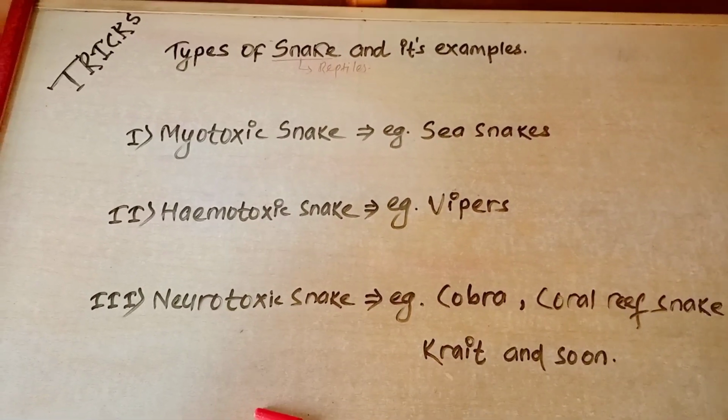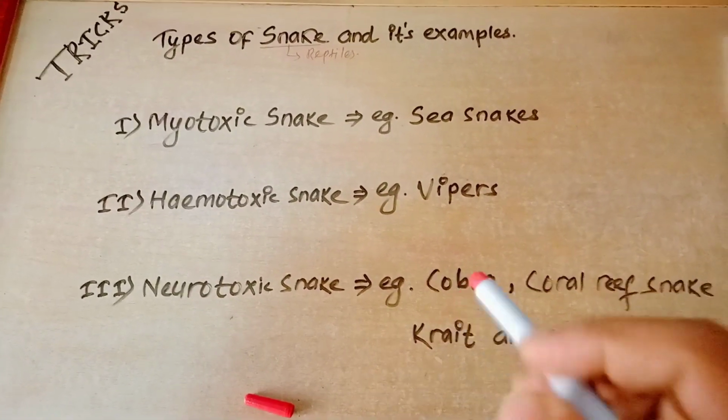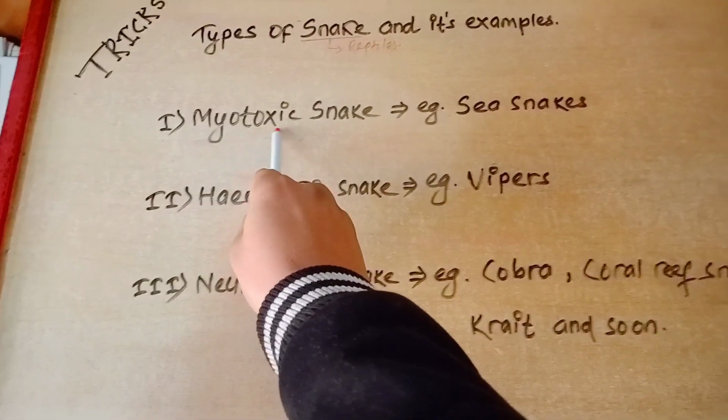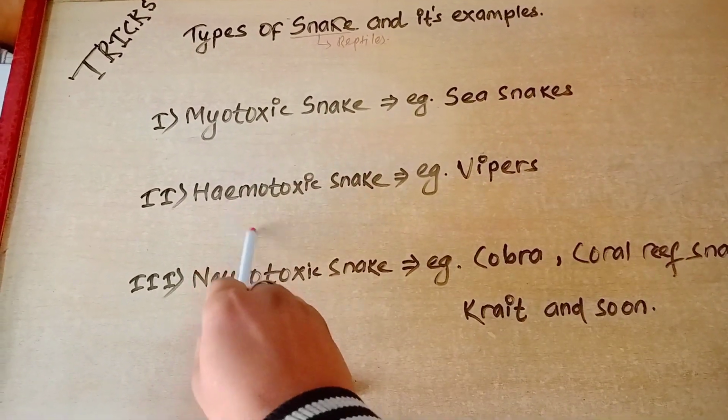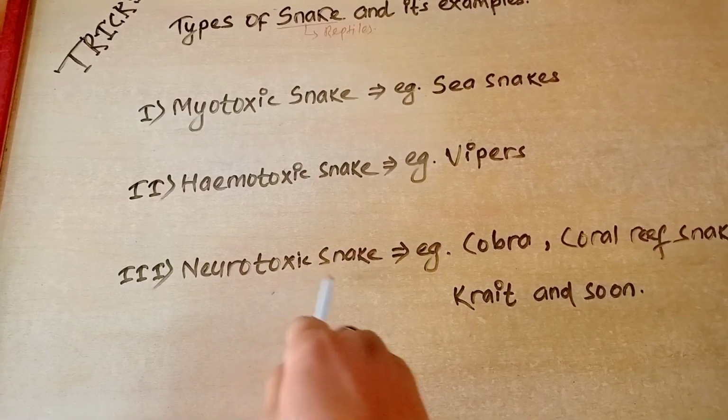Generally, we study three types of snake. One is myotoxic snake, next is hemotoxic snake, and another is neurotoxic snake.